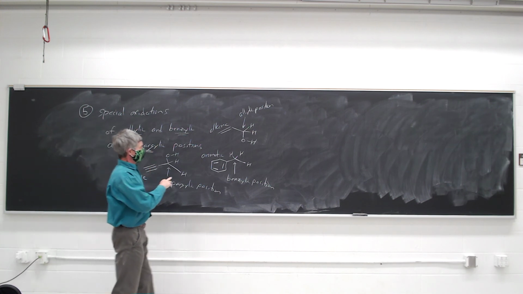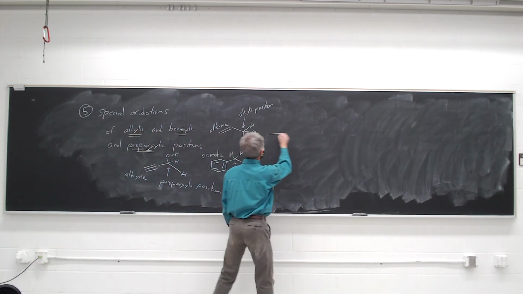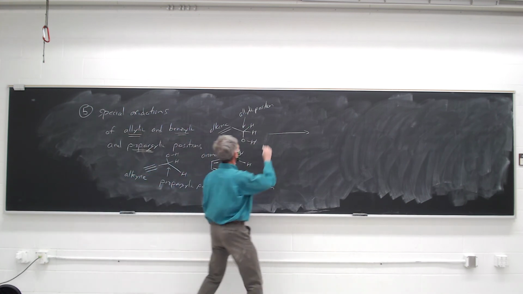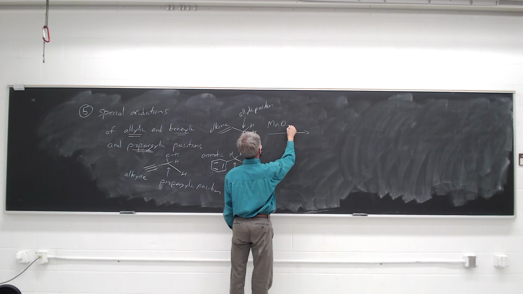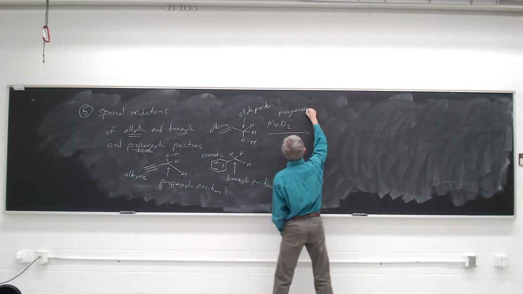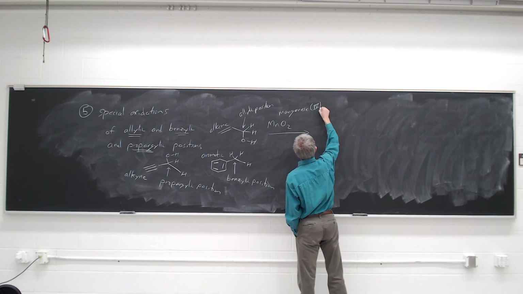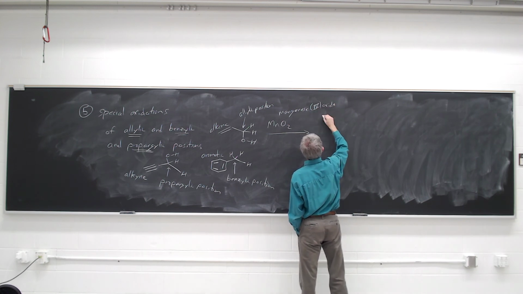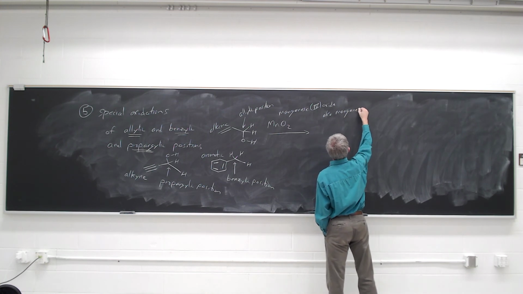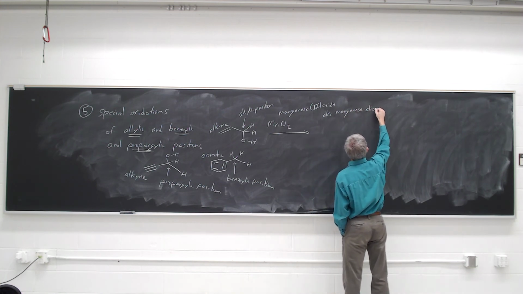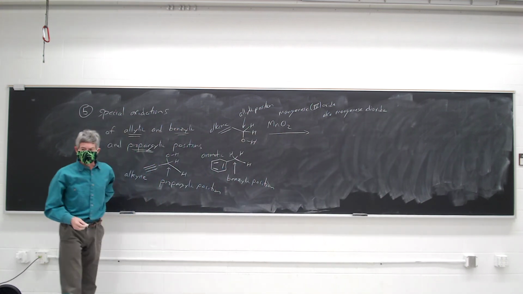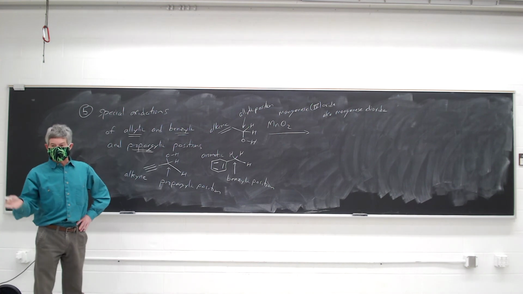So we don't need a chromium-6 reagent. We can get away with a less reactive manganese-4 reagent. So we've got manganese-4 oxide, or manganese dioxide, activated manganese dioxide.